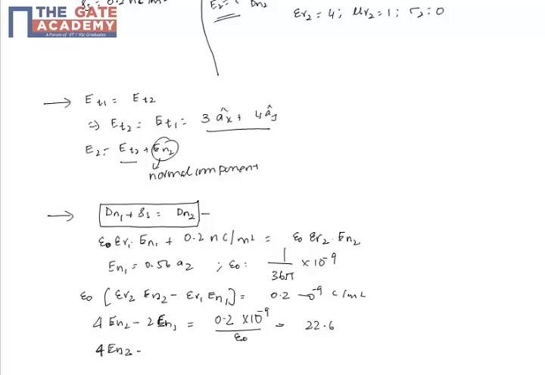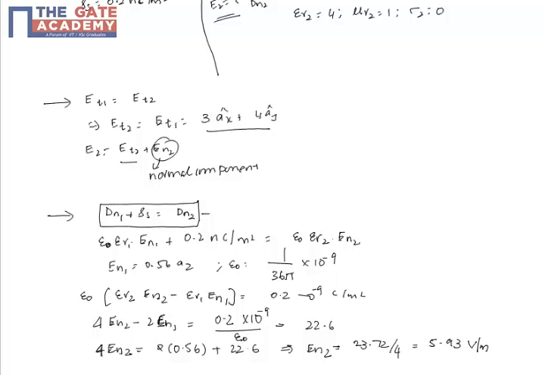Now, in order to calculate En2, 4 En2 is equal to 2 into En1, which is 0.56, plus 22.6. So En2 is equal to 23.72 divided by 4, which is 5.93. The unit of electric field intensity is volts per meter.